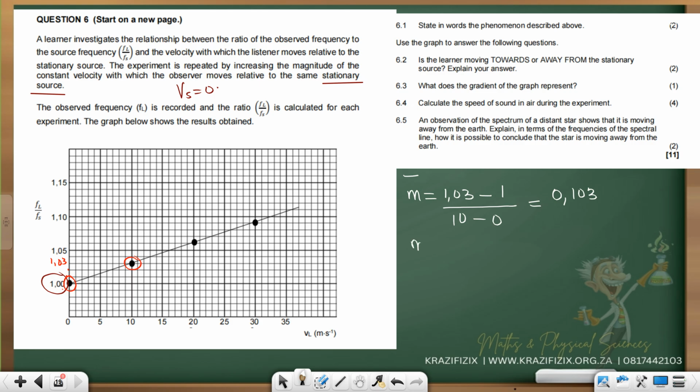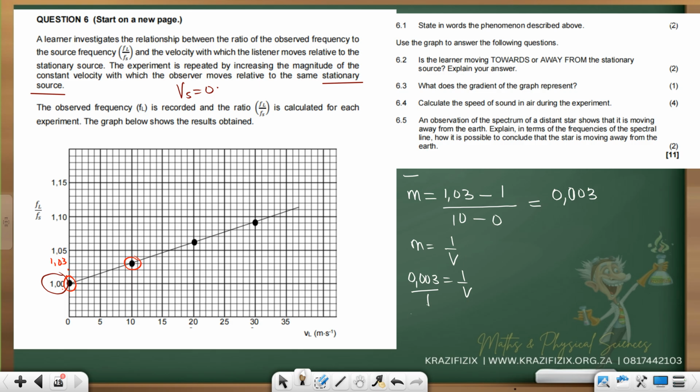But m is 1 over v. What would you do here? I'll just flip both of them, or if you want to cross multiply. So isn't it 0,003? All right, let's flip both.